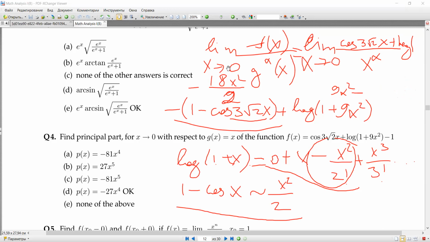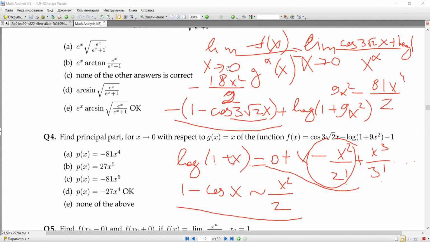Instead of the logarithm, we'll now write 9x squared minus 81x to the 4 divided by 2, like this.